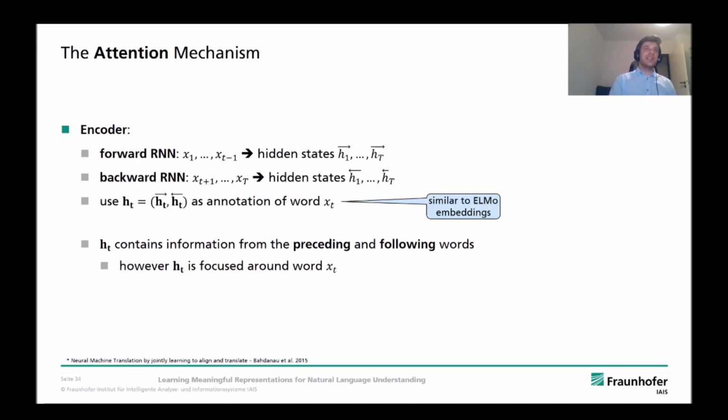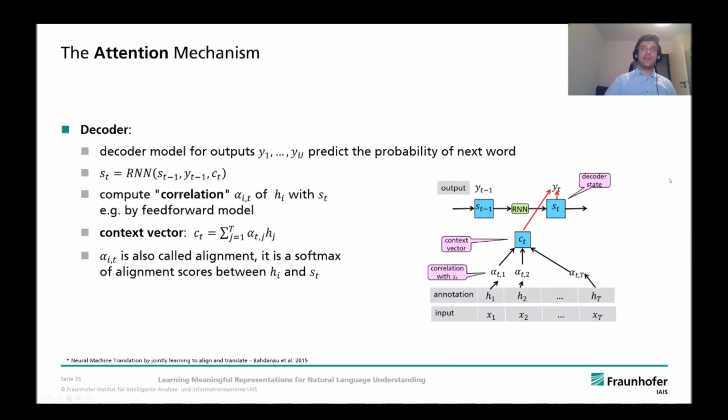And the attention mechanism basically allows the decoder to attend to every hidden representation produced by the encoder. And this looks something like this here. Now we have a decoder which can have different states, and at each position we can compare the decoder state to all of the hidden representations of the encoder and calculate a sort of correlation between the decoder state and the hidden representations of the encoder. And this correlation can be calculated in different ways.